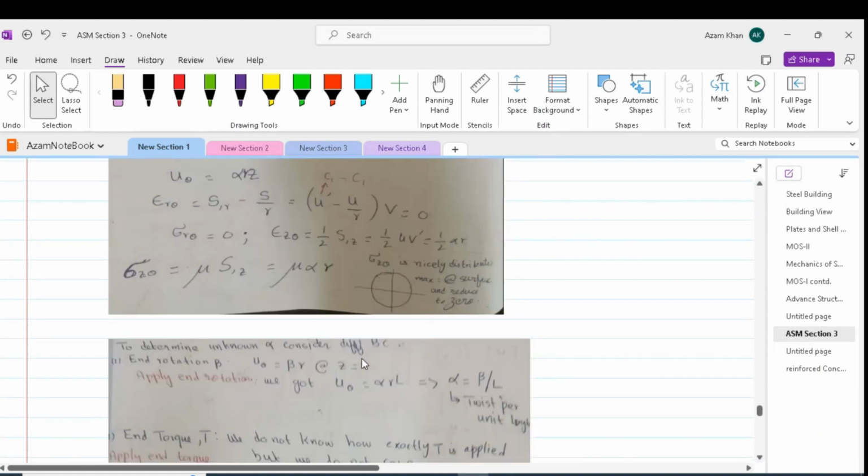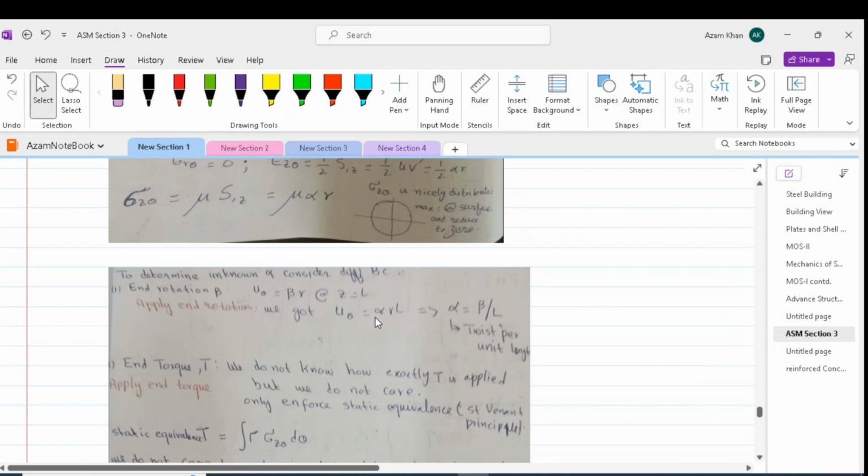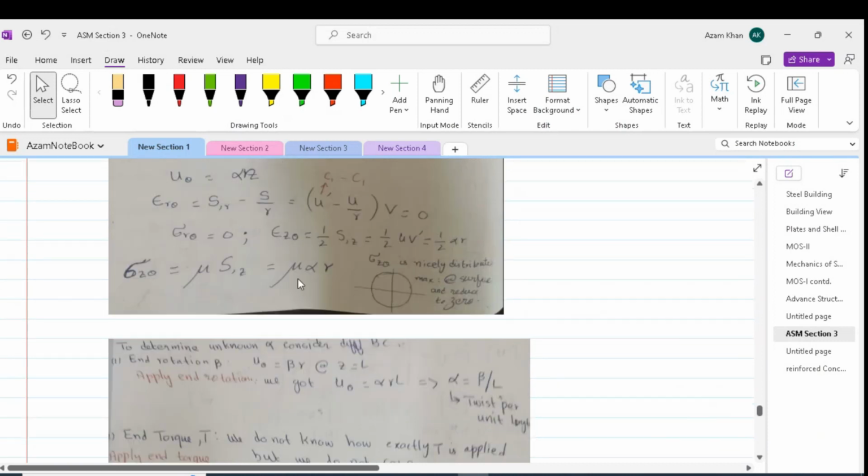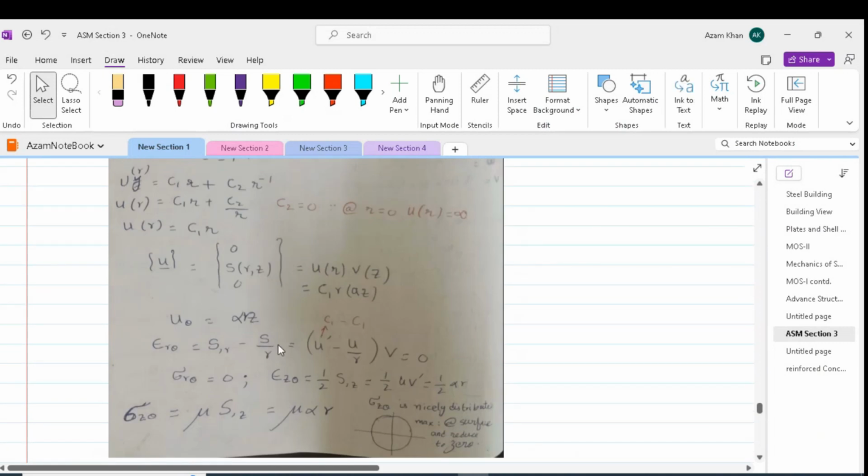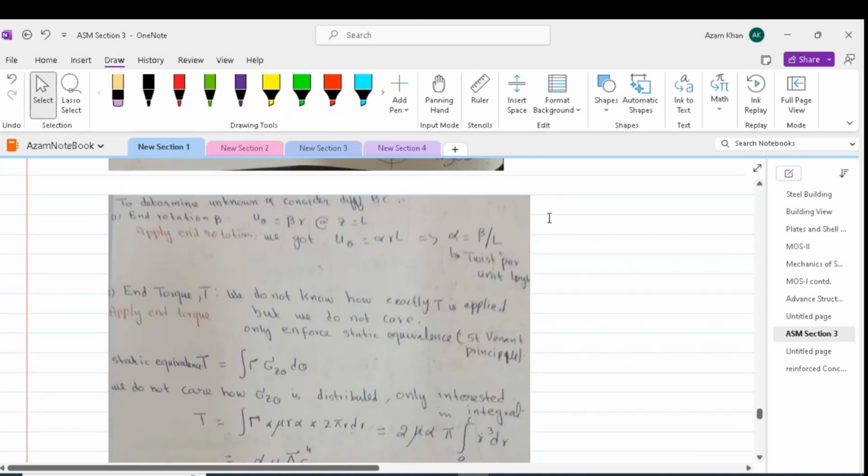So our circumferential displacement is beta r, which is got from the load application. And this beta r is applied at z equal to L. Now u theta, as we discussed, is equal to alpha r z, taking z equal to L. Comparing both of these equations, we get alpha equal to beta by L, and alpha is called twist per unit length.